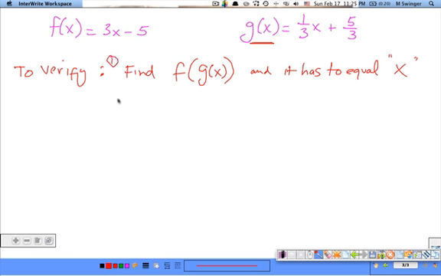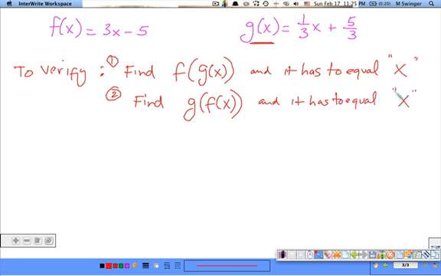Number 2, there's only 2 steps. Find the other way. Find g of f of x. So compose this one with this one. So just doing both cases really. And it has to equal x as well. If this happens, then they are inverses.